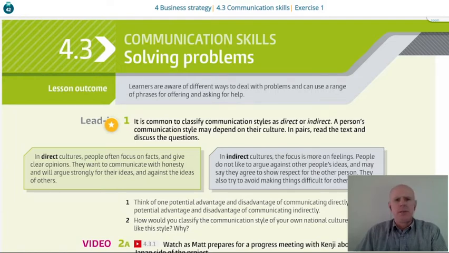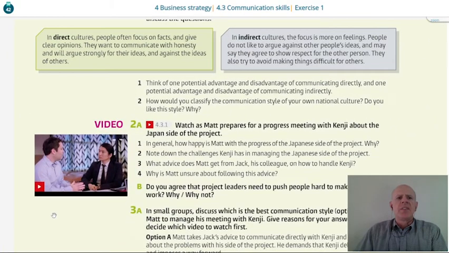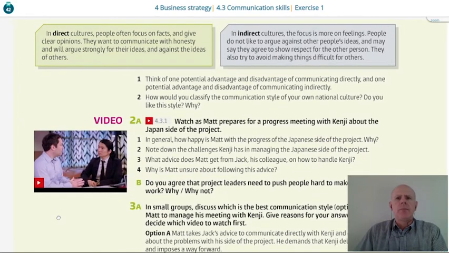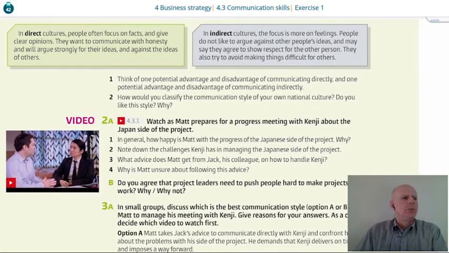And well, how would you classify the communication style of your own national culture? Do you like this style and why? Are there both styles in Brazil? What is your style?